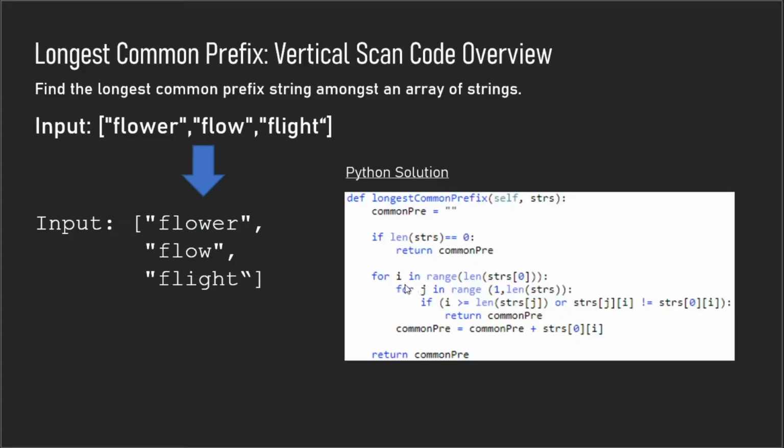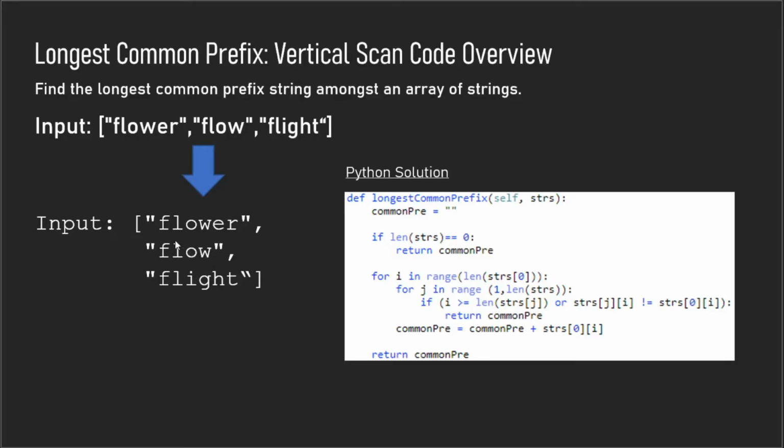We would have a nested for loop here. The first loop with the I would loop through each individual element in the array, and the loop with the J loops through each individual character. The if statement here, where we have I greater than or equal to the length of string J, is a check to see whether or not we've reached the end of a word.